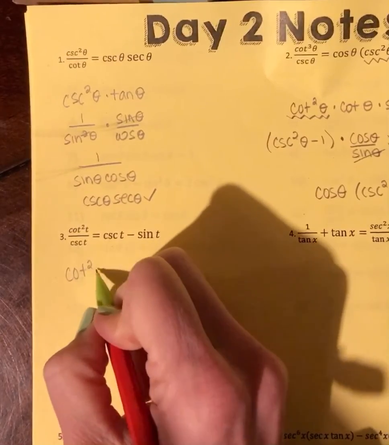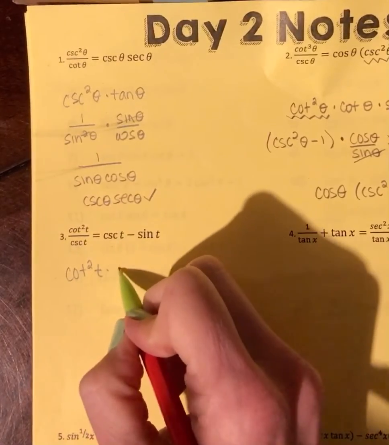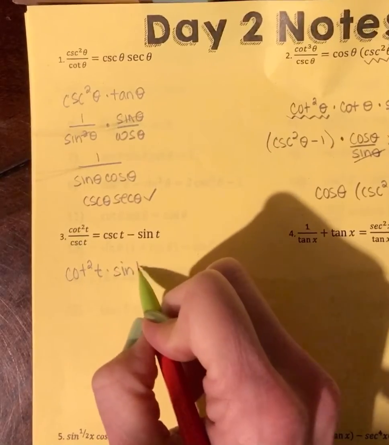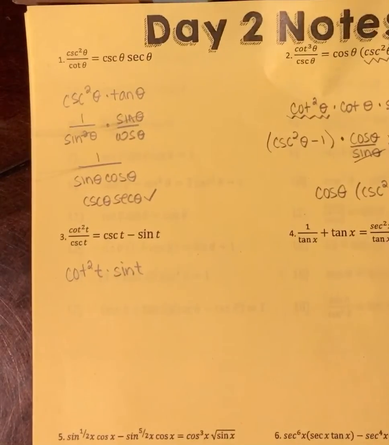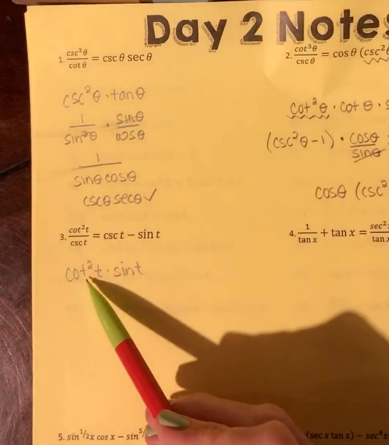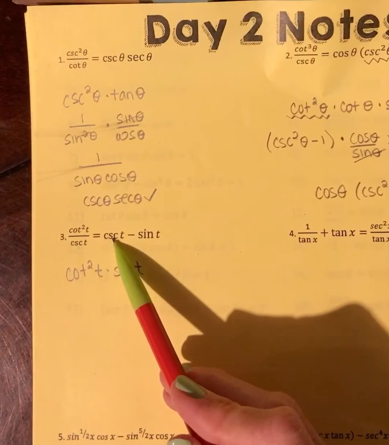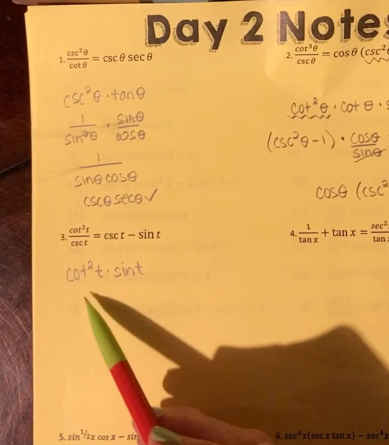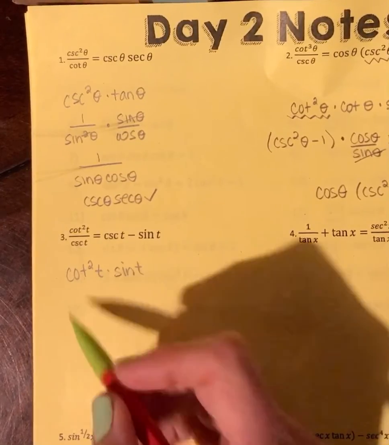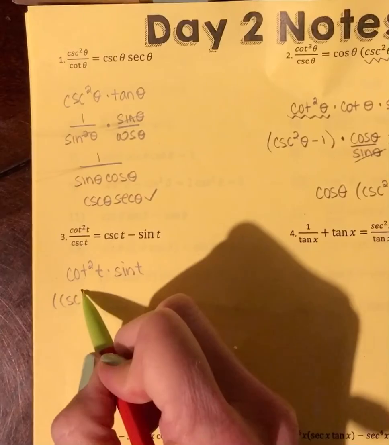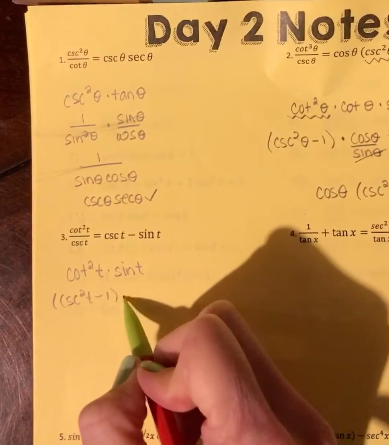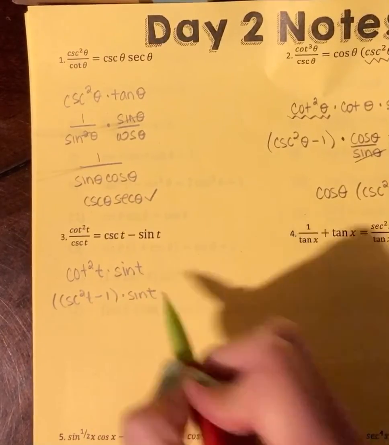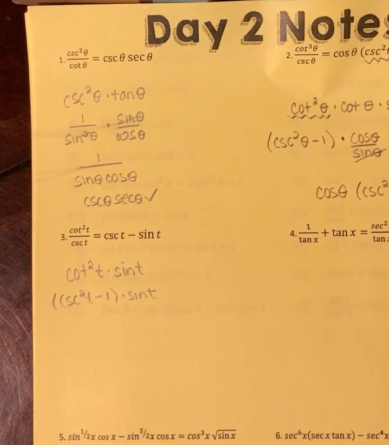So I have cotangent squared times sine. Okay. Now, I don't want a cotangent. I want a cosecant. We know that cotangent and cosecant are related. So we can change the cotangent squared to cosecant squared minus 1 times sine.